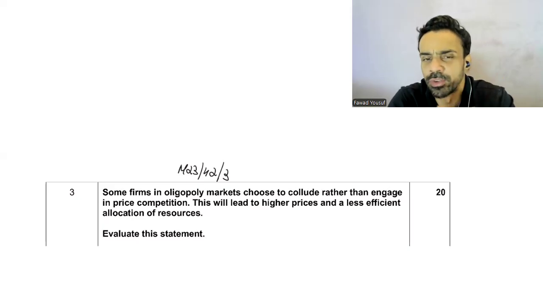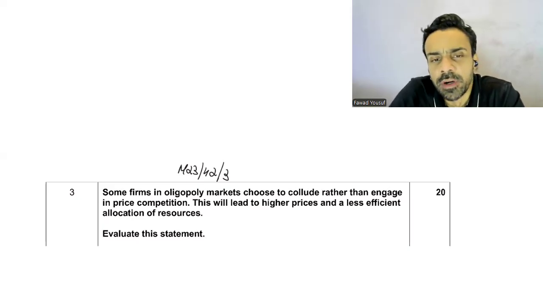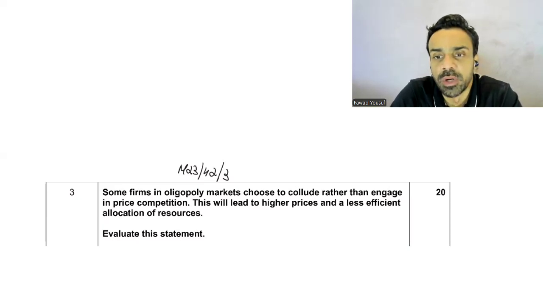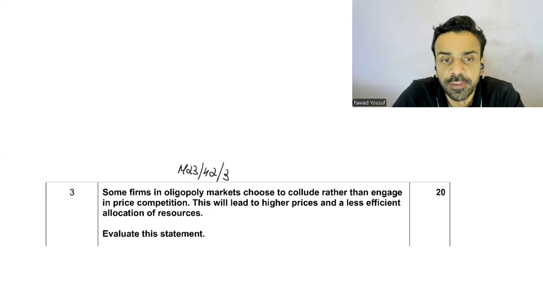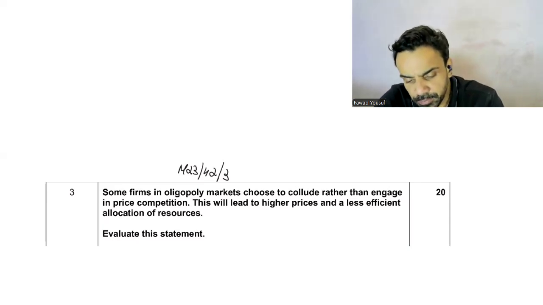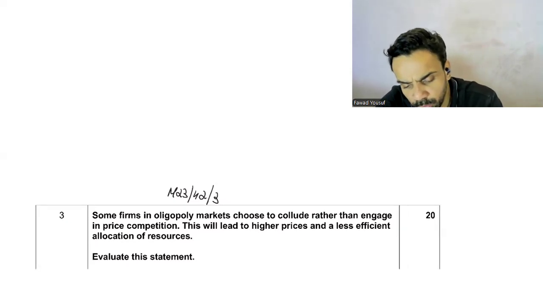So the question has a direction: firms prefer collusion over price competition, and because of that they have the ability to charge a higher price and are less efficient in the allocation of resources. Okay, so the main question is about collusion versus price competition.